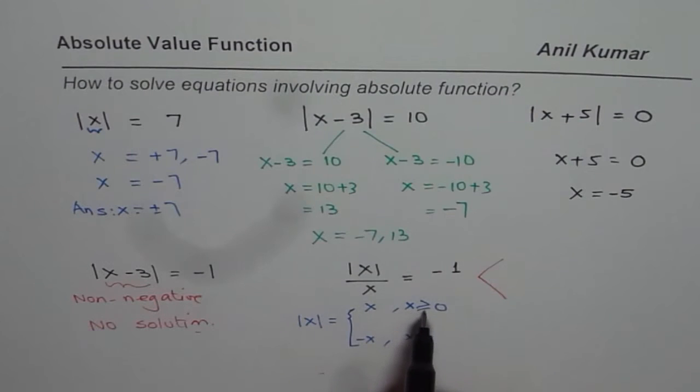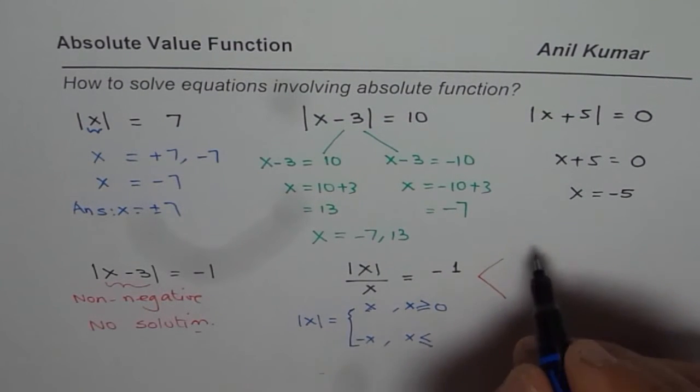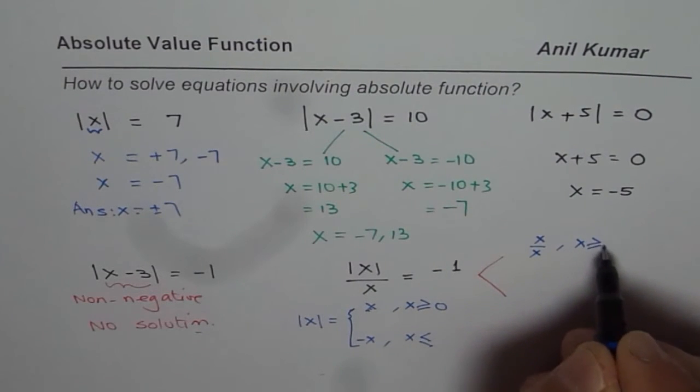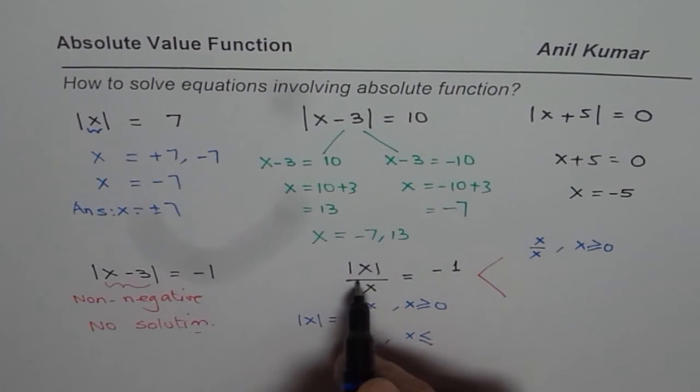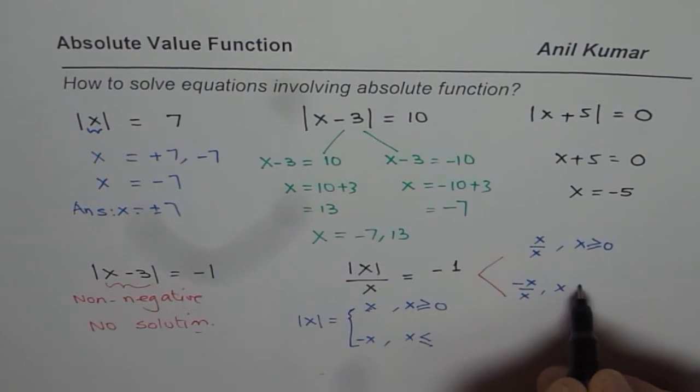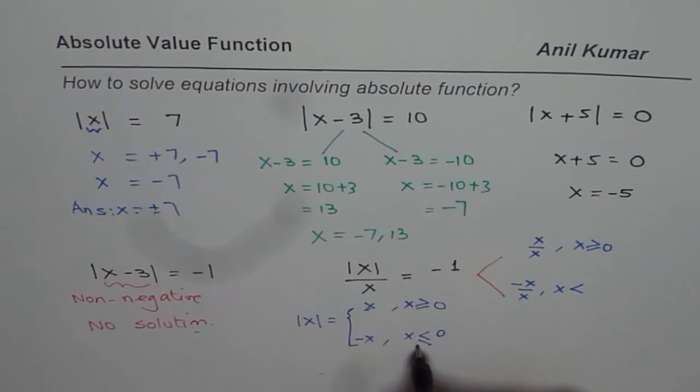Now if x is greater than or equal to 0, then it is x. So I could write this equation as x over x when x is greater than or equal to 0, and I could write this equation as minus x over x when x is less than 0.